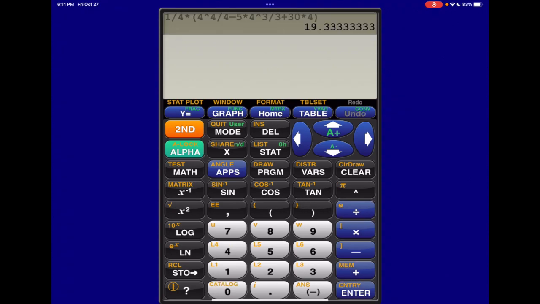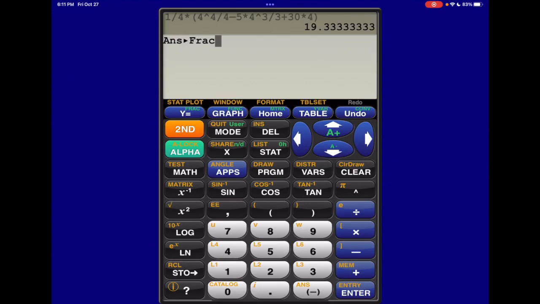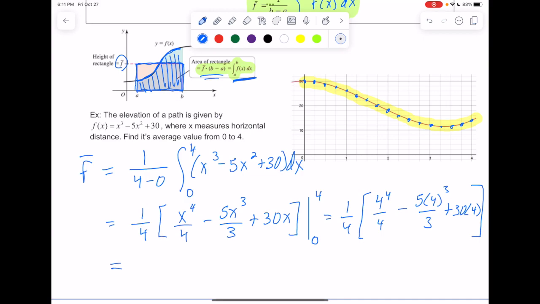So when we press enter, we get something a little messy. But the trick I showed you before, if we go into the math menu over here on the left below the alpha key, then we can convert that to a fraction as the top choice. And we press enter and we get 58/3. So let's go back, write that answer down. Equals 58/3.